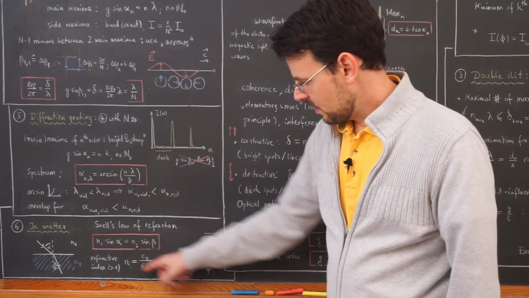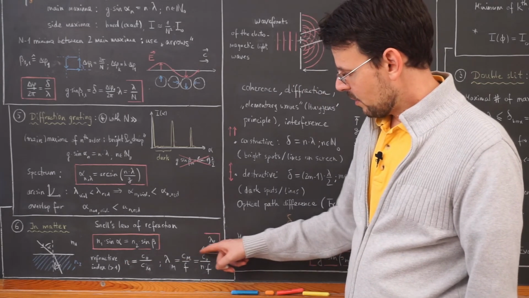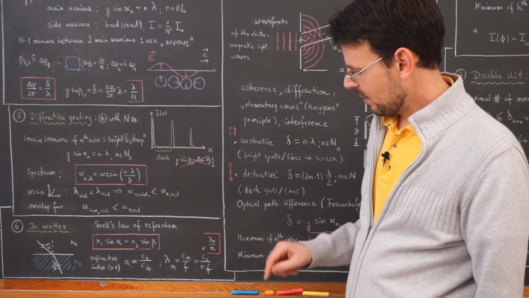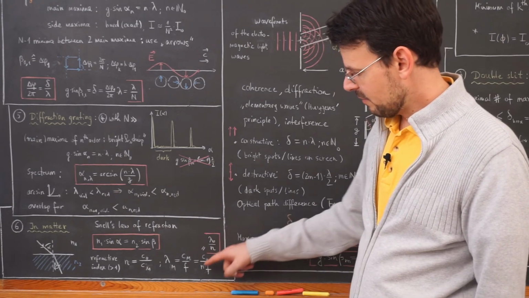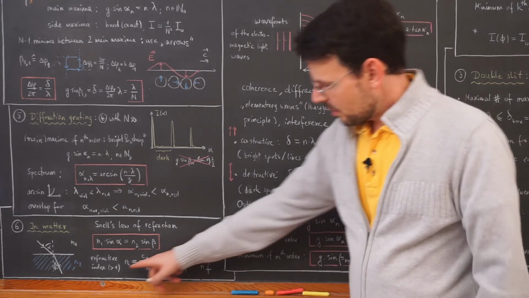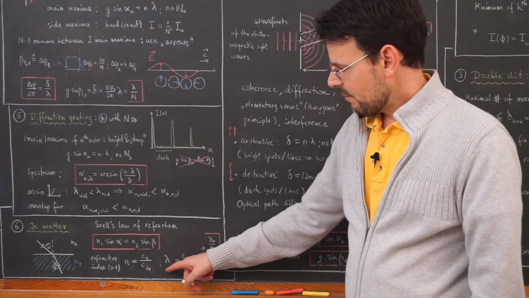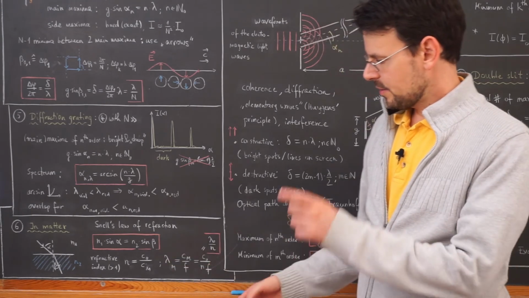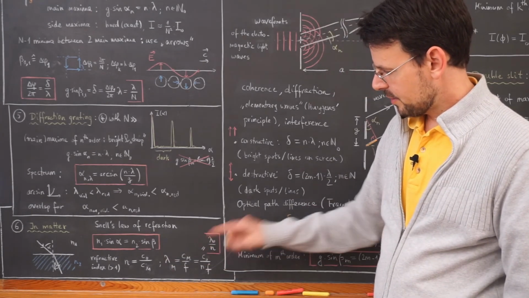Now you plug this in and you end up with c0 divided by f, which is nothing but the wavelength in vacuum divided by n. So because n is larger than 1, whenever light enters a medium, the wavelength gets smaller: lambda naught divided by n.